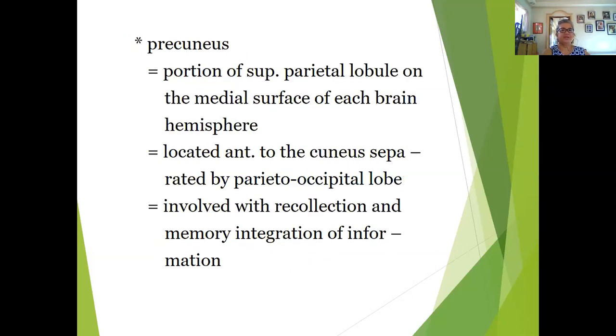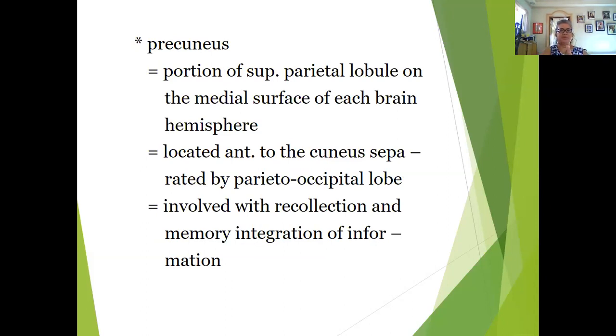Then you have the precuneus, which is a portion of the superior parietal lobule on the medial surface of each brain hemisphere. So you have two precuneus. Now, this is located anterior to the cuneus, separated by your parieto-occipital sulcus.